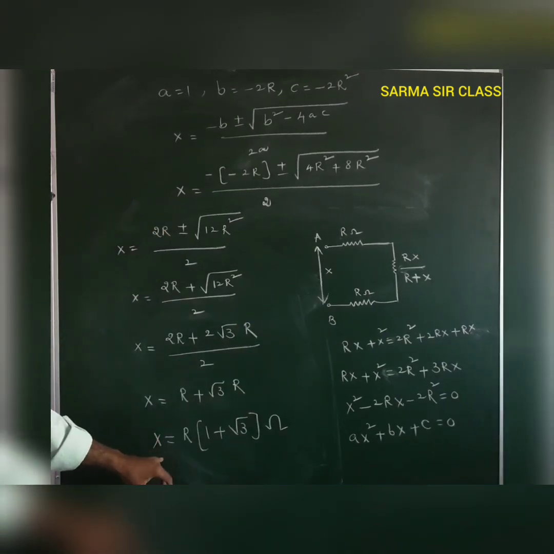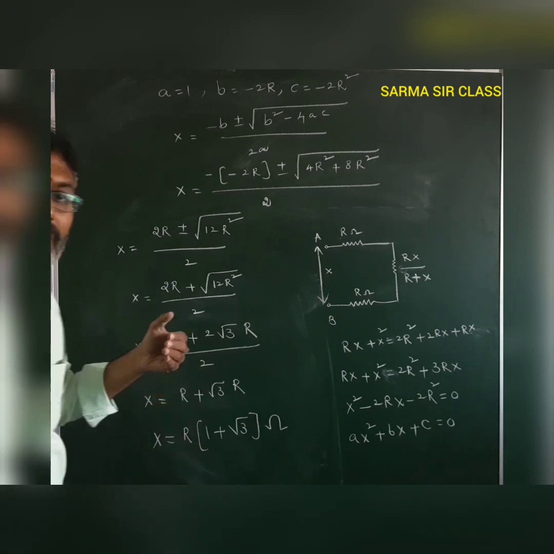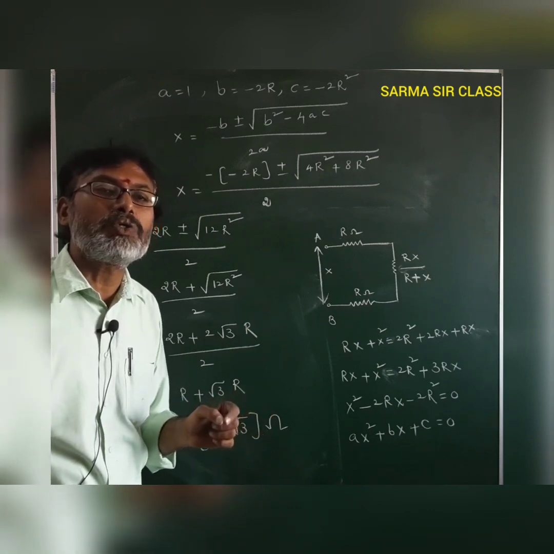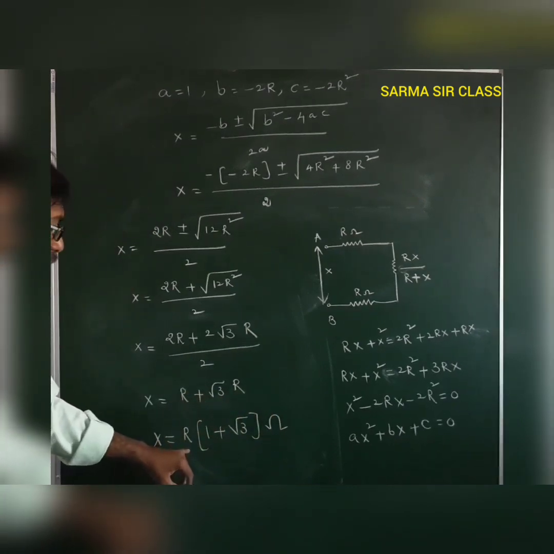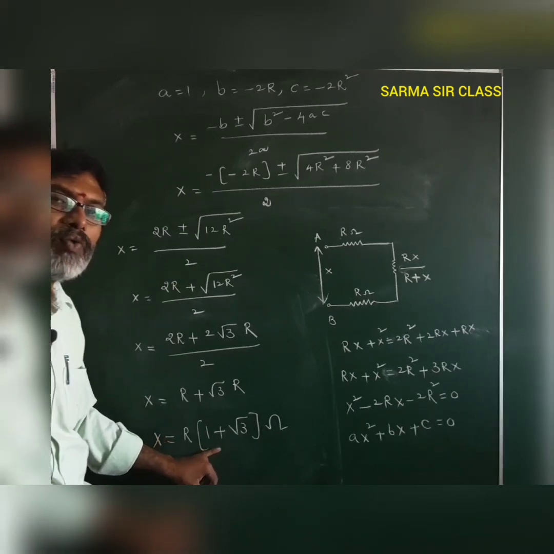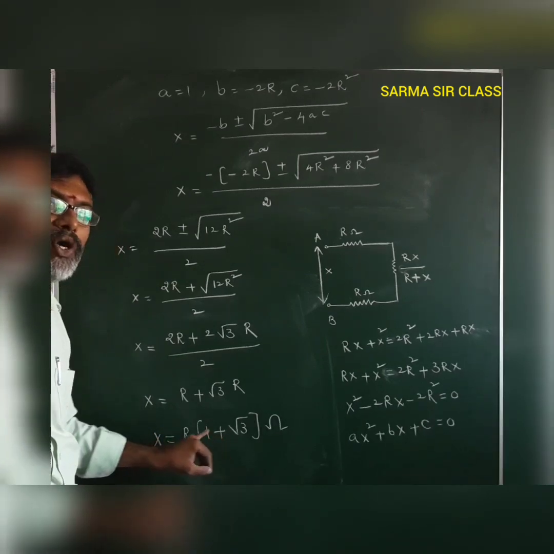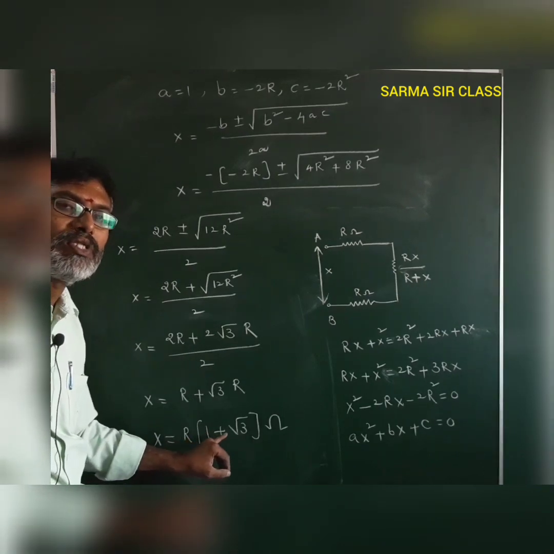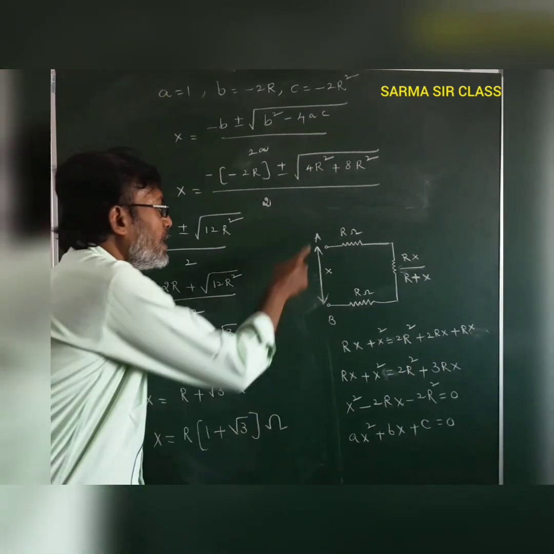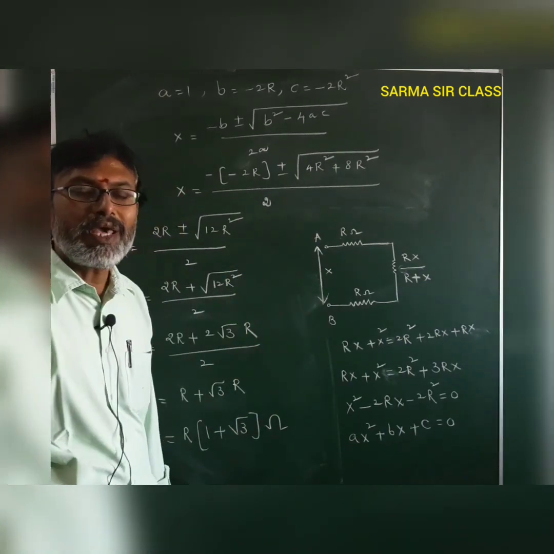If the circuit is of the same form as in the question, then immediately think of this formula: X is equal to R into 1 plus root 3. If R equal to 1 ohm, then 1 into 1 plus root 3. For 2 ohm, 2 into 1 plus root 3. Like that, we can find the equivalent resistance across A and B.